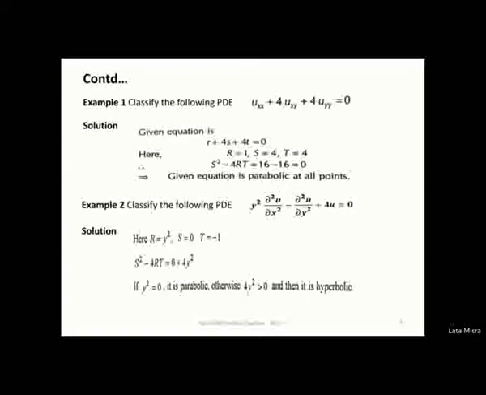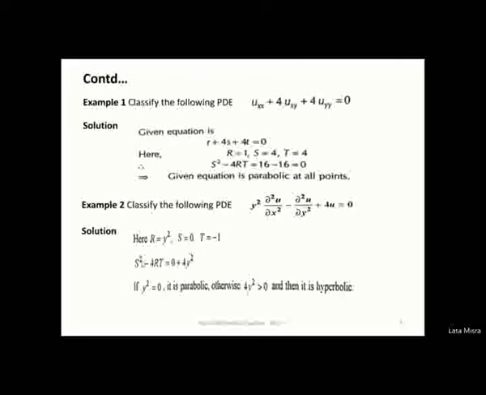Now see the next example, y² ∂²u/∂x² − ∂²u/∂y² + 4u = 0. Now we find the values of R, S and T. R is equal to y², S is equal to 0 because there is no ∂²u/∂x∂y, and T is equal to −1.